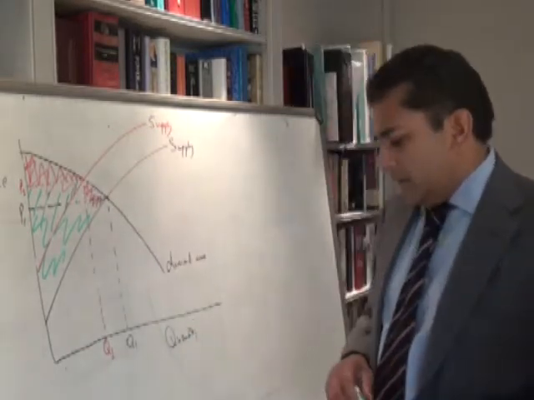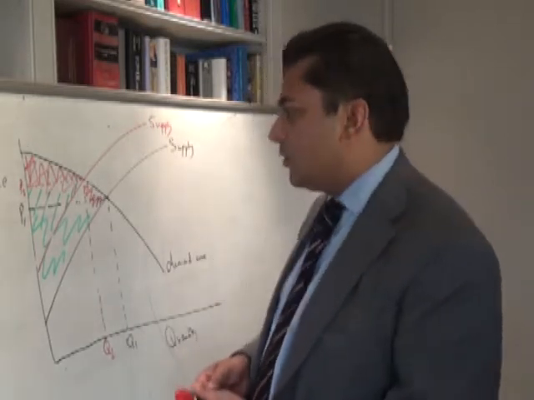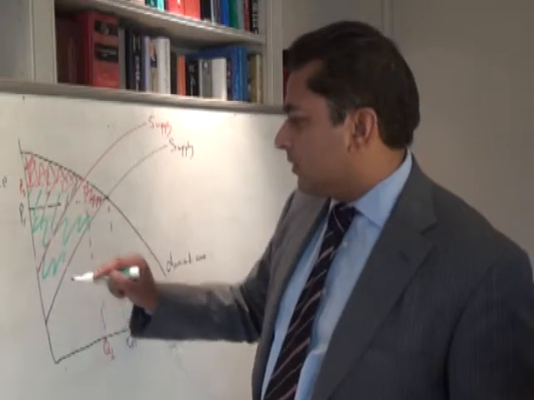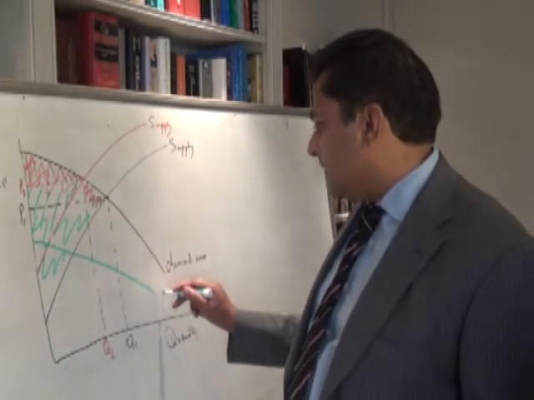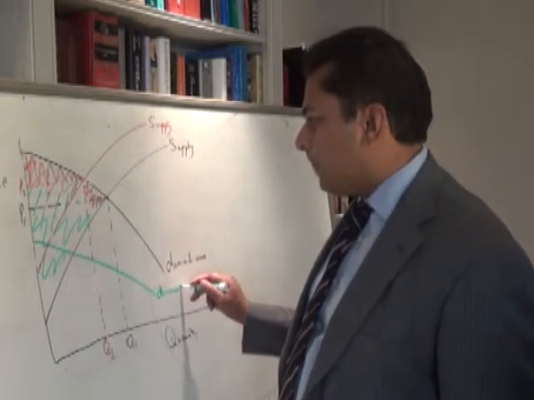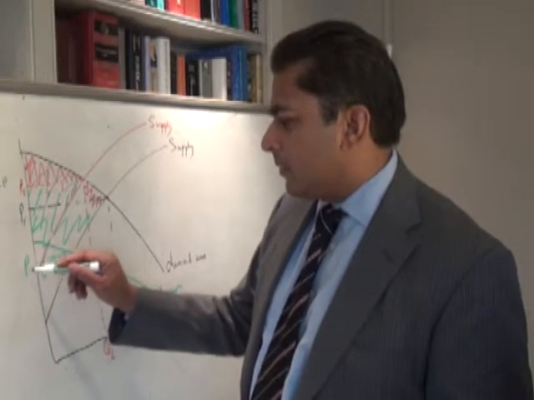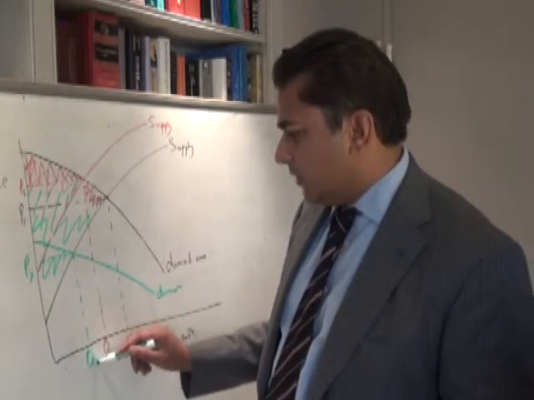Now, what can happen in extreme cases of distortion is you can additionally, as well as moving the supply curve up, depress the demand curve. So let's imagine that you've got a demand curve that's now like this. Well, now you have a price point that is here, P3, and a quantity that is here, Q3.